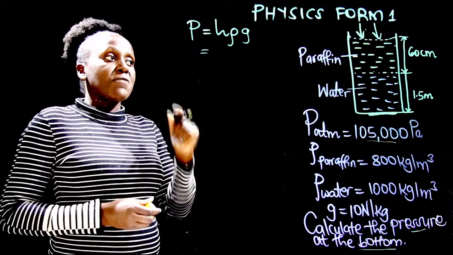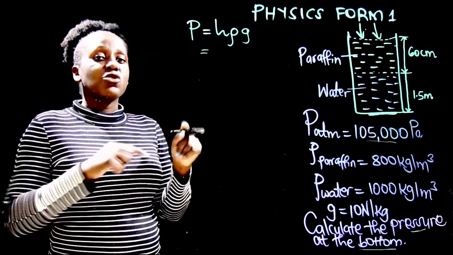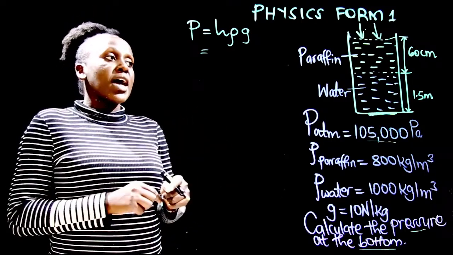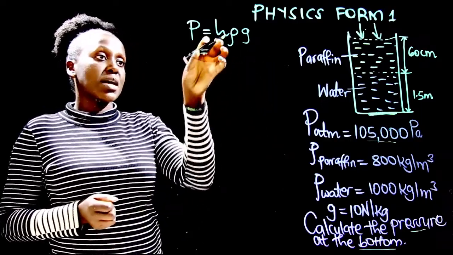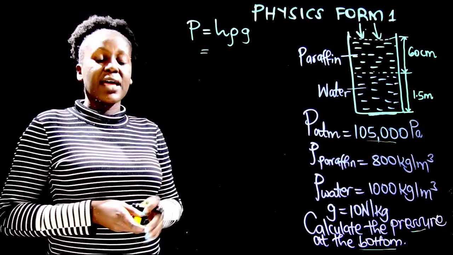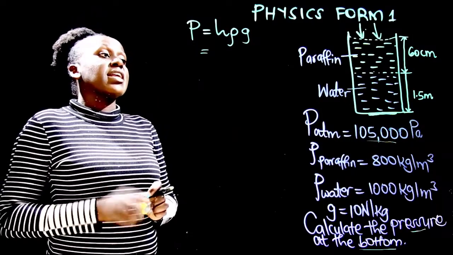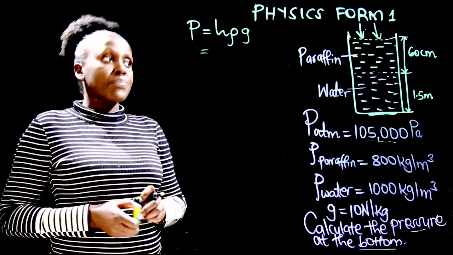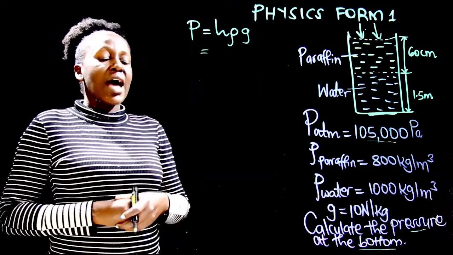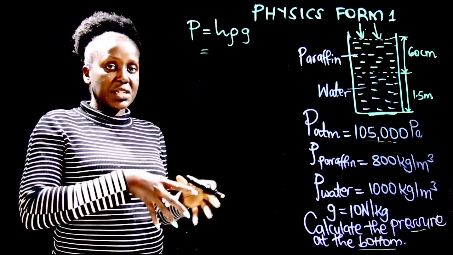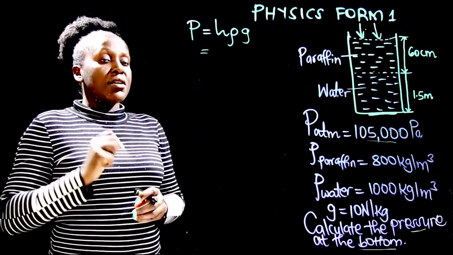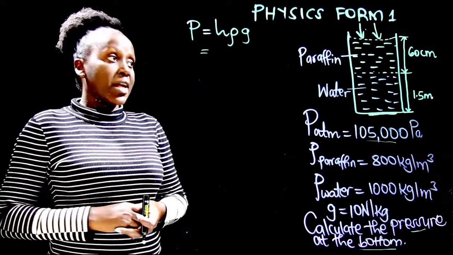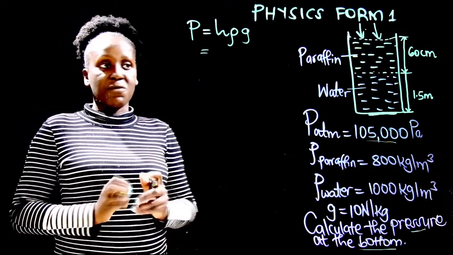We will need to convert 60 centimeters into meters so that we can be able to cancel out the units. So every time you are substituting values in this formula, ensure that they are in the SI units. So 60 centimeters, how do we convert centimeters to meters? We divide by 100. Refer to our lesson about length because we learned how to convert this.